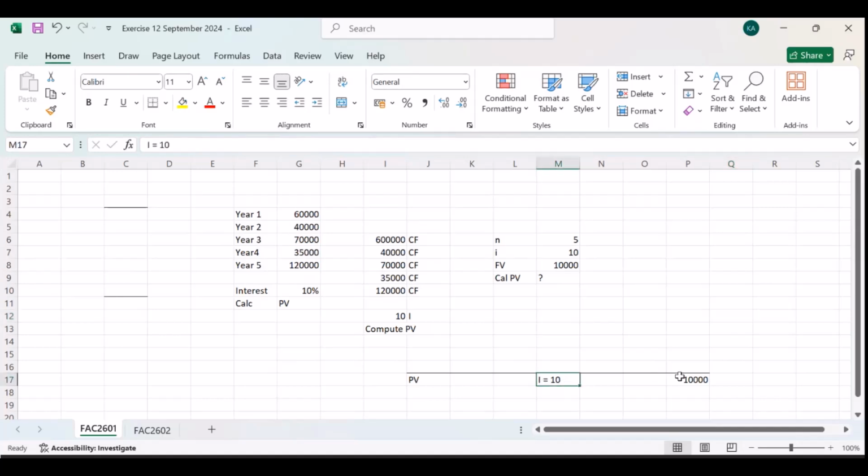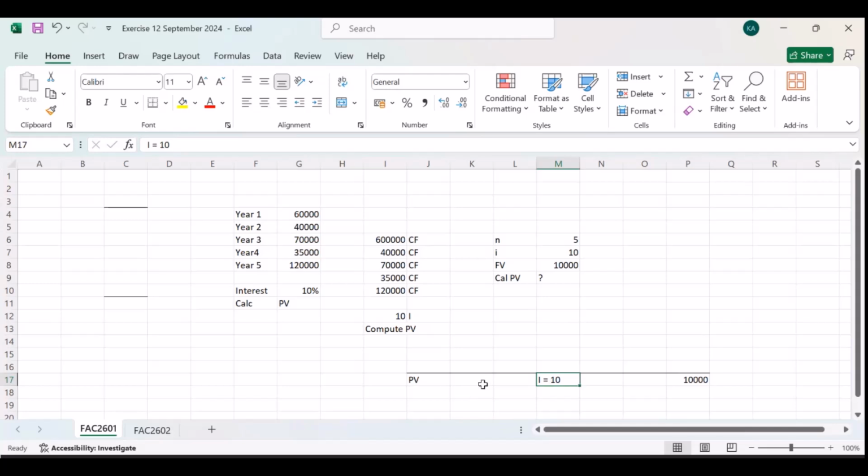This is an example of having to restore a site after some time. Let's say you've got a big asset which, as a result of you using it, is going to destroy the environment. The municipal law in that area is that after the 5-year period, you must restore the site to its former glory.